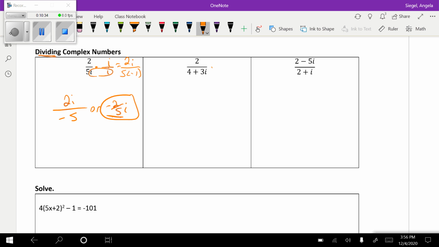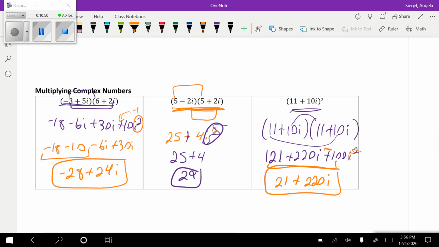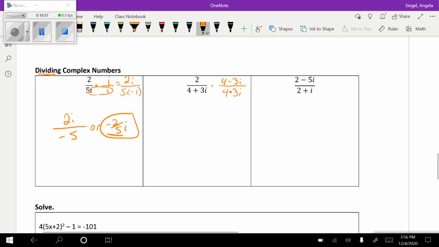Okay, what's bad is when you have a number in the denominator, you have to multiply by the conjugate to get rid of it. So I'm going to multiply both the top and bottom by 4 minus 3i. And remember what we said with conjugates right here is all we have to worry about is the first and last terms, because the middle terms will cancel out.